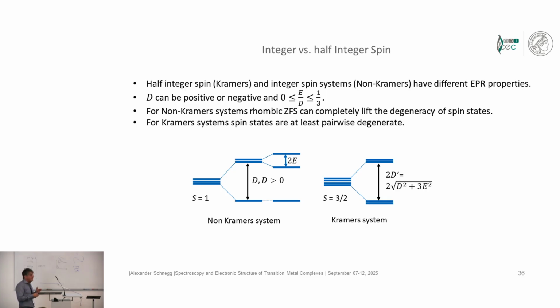And this allows us to split these levels by an external magnetic field and drive transitions between them, and therefore Kramers systems in most cases are detectable by EPR. There are some cases for negative zero field splittings where low temperature EPR and the detection can be difficult. However, Kramers systems are much simpler than non-Kramers. This is the take-home message here.